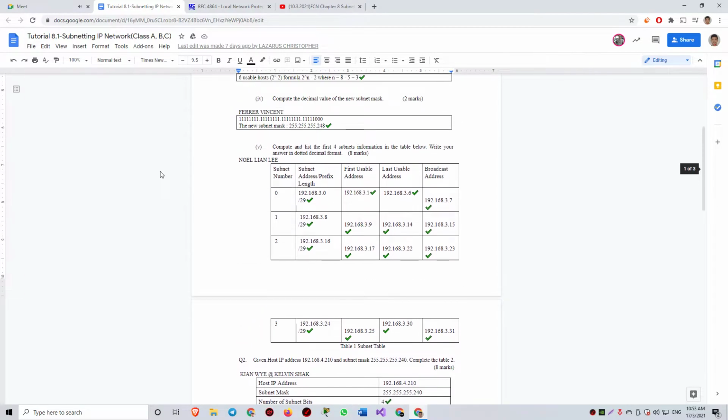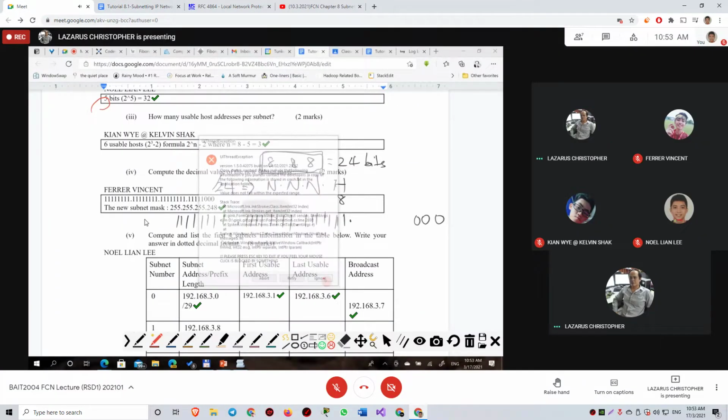5 bits, yeah. So 5 bits. 1, 2, 3, 4, 5. Now the remaining bits belong to the host part, so only the remaining 3 bits belong to the host part.